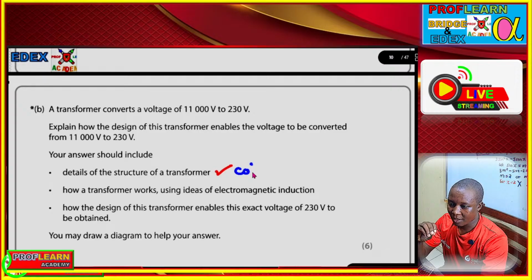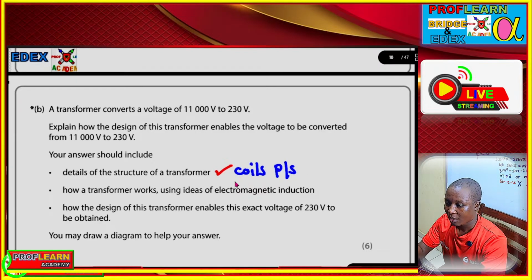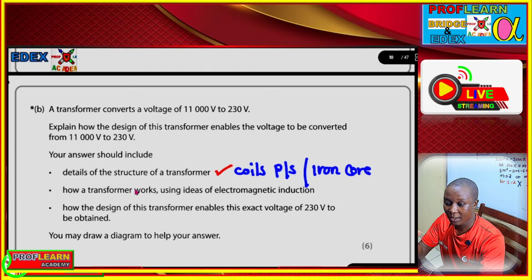So the question was saying that in your answer you should include the following: detail of the structure of the transformer. Number one, it should have coils, that's the primary coil and the secondary coil. Then it must have the soft iron core. How the transformer works, we have highlighted that.